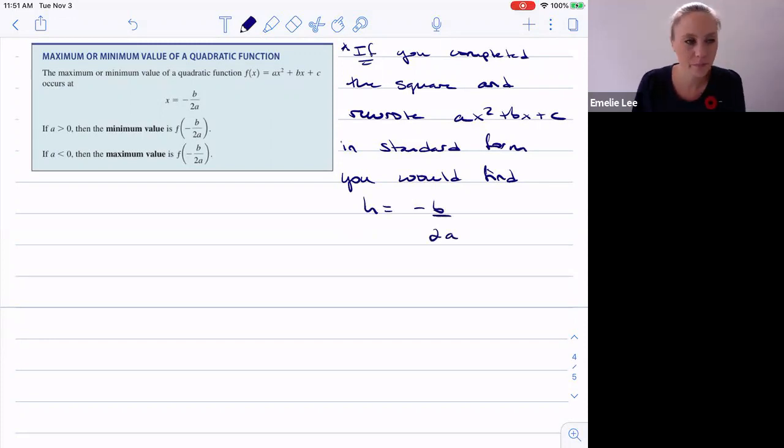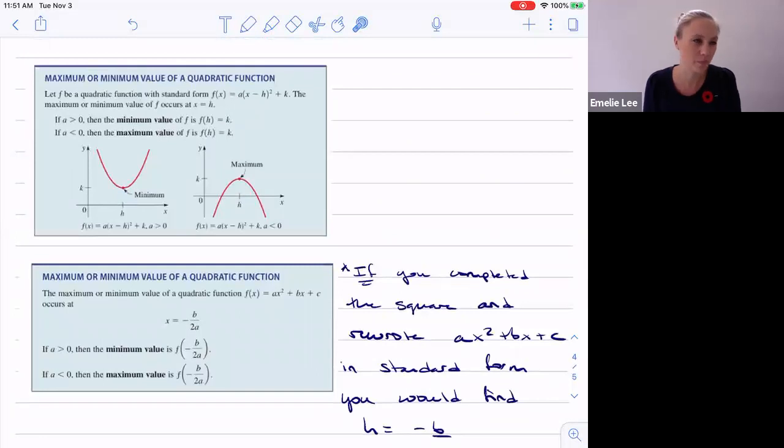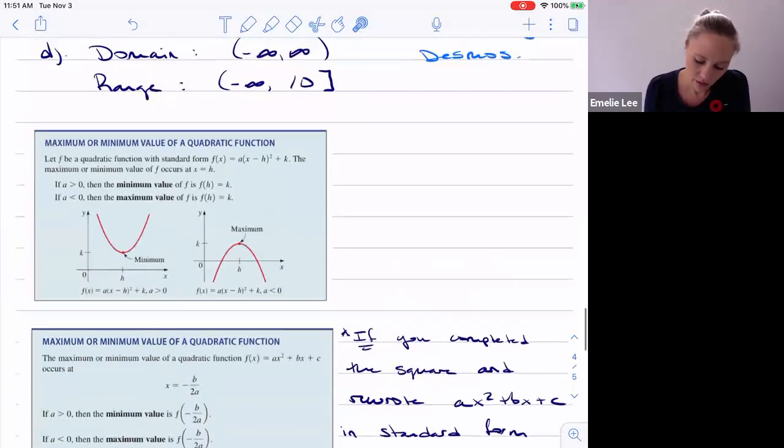That's all it's saying. Okay. Otherwise, it's the same thing in both of these. We're not going to do this, but I just wanted to kind of clarify.